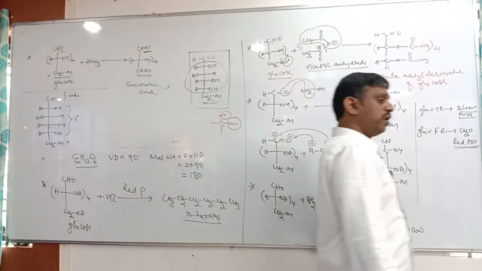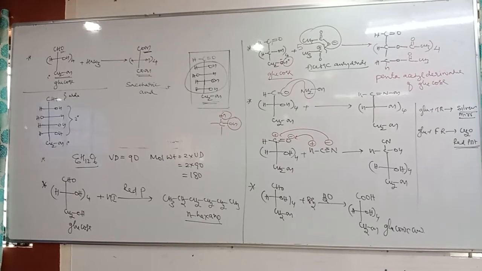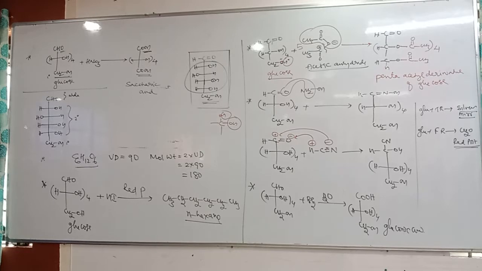Take the first point. From elementary analysis and molecular weight determination, it is found that the molecular formula of glucose is C6H12O6, vapor density is 90.